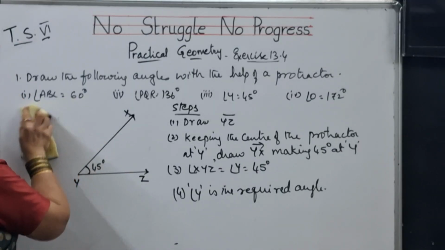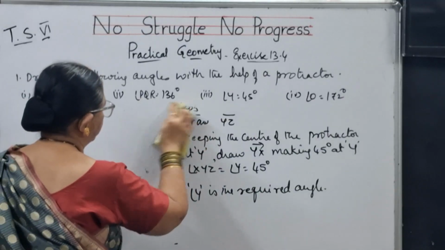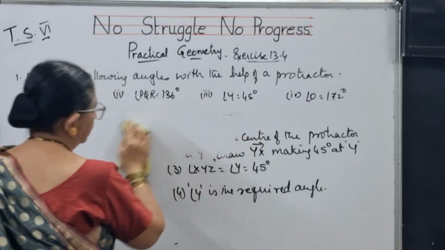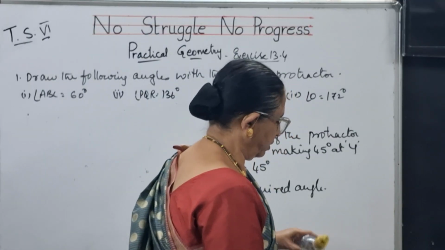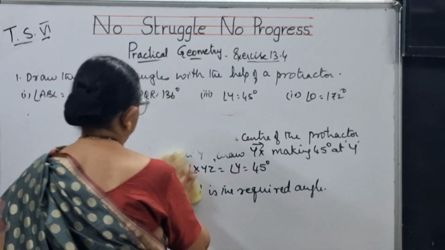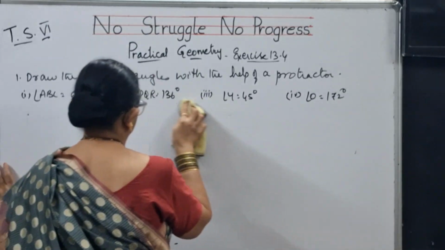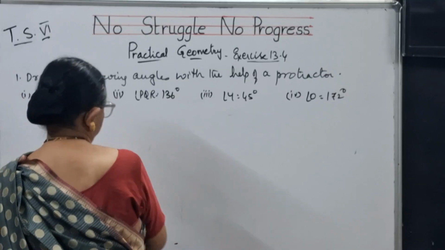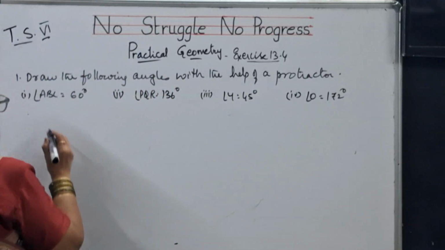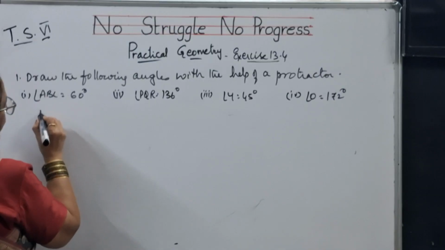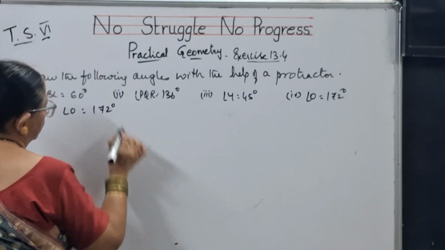Now the next one is angle O. Angle O is 172 degrees. So let us see how it has to be drawn. Angle O 172 degrees.